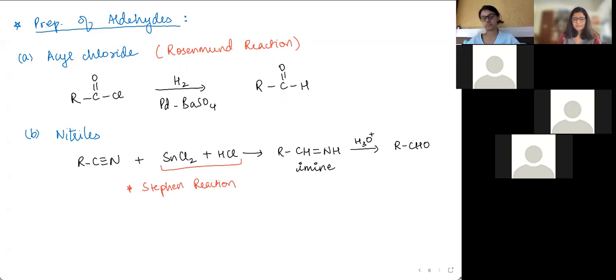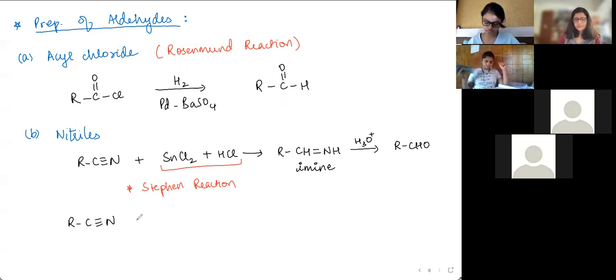Then you have another reagent you can use. You have nitrile, R, C triple bond N. This particular reagent is called Dibal H. The process is the same again.